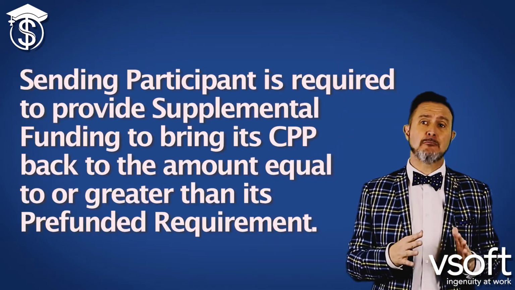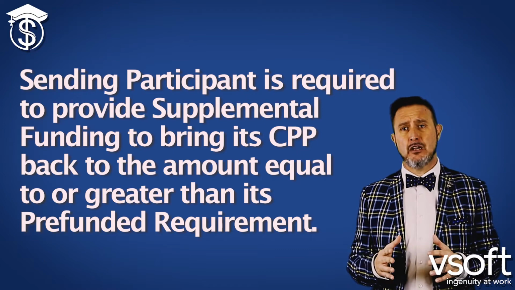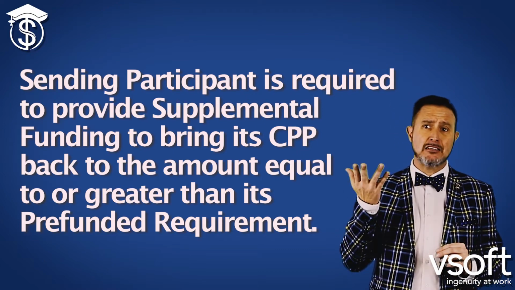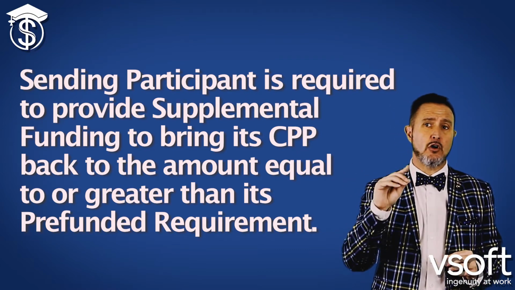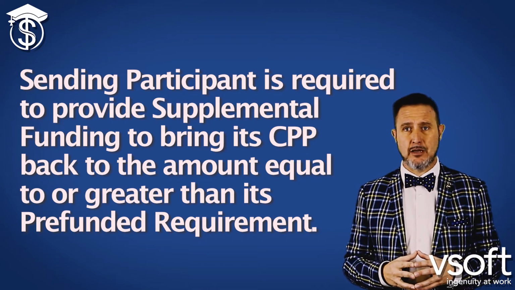All of that happens. The sending participant's CPP may go below its pre-funded requirement at certain times due to its current payment activity. If that happens, the sending participant is required to provide supplemental funding to bring the CPP back to an amount equal to or greater than its pre-funded requirement. If a sending participant's CPP falls below its pre-funded requirement, its ability to send payments will not be stopped.